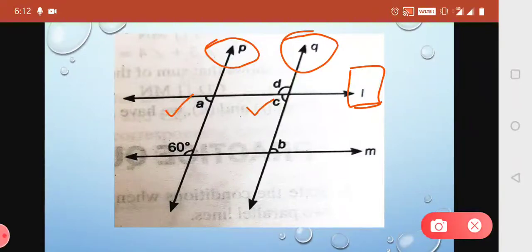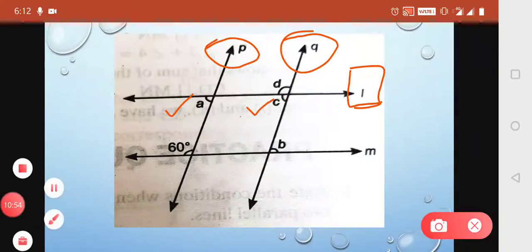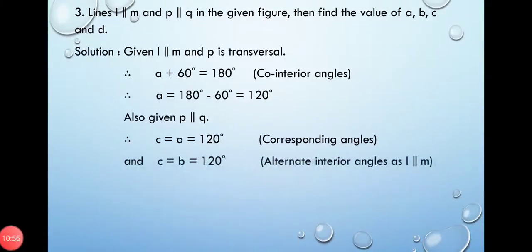Therefore, C will be equal to A, that is equal to 120 degree, and also C equal to B, and that is also 120 degree. Why? Because they are a pair of alternate interior angles. When will they become a pair of alternate interior angles? When we take line L parallel to M.